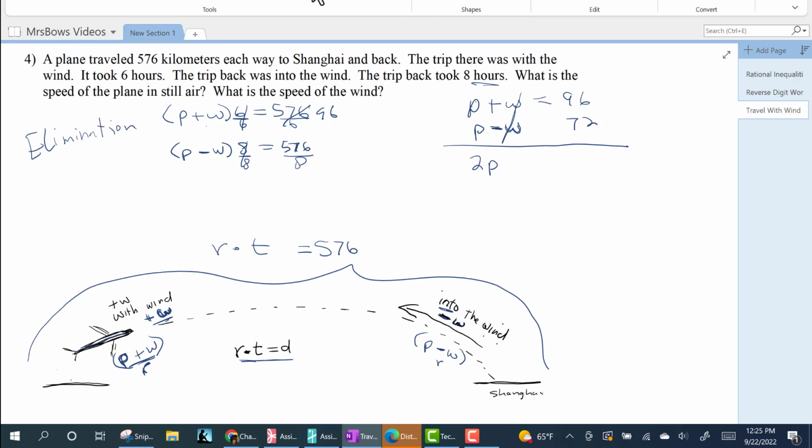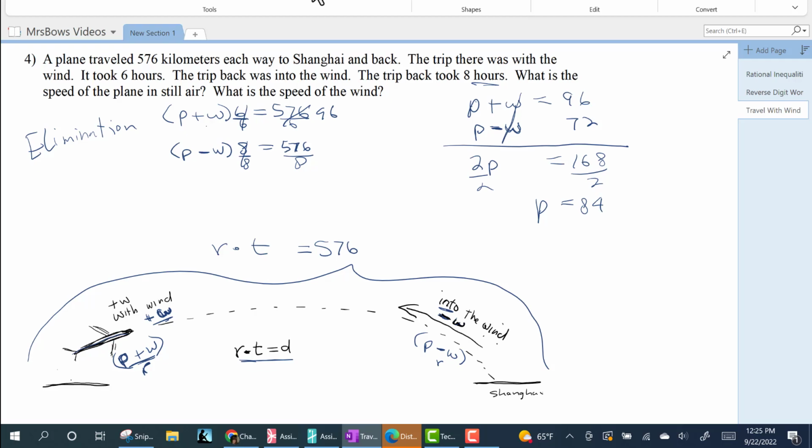All right, so that cancels out, and that leaves us with, it looks like 168. Yep, 168. And then when you divide both of those by 2, the plane speed looks like was going 84 miles per hour. Just in case, I'm going to double check that.